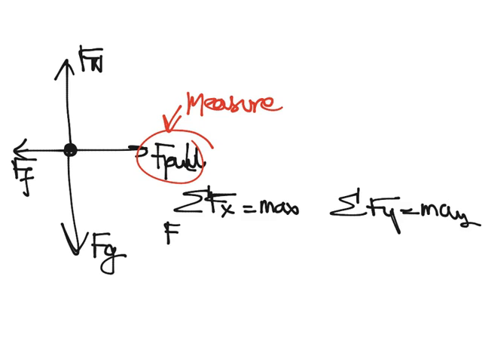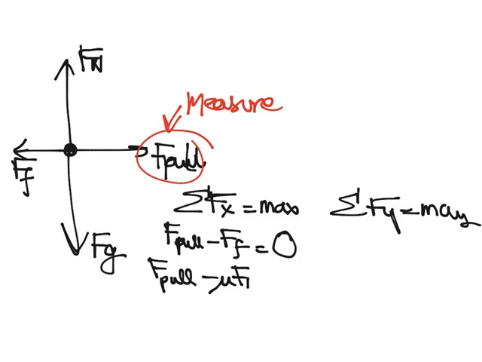In the x direction, we have F pull minus Ff is equal to, you should be pulling it at a constant speed, so Ax is 0. You know that the equation for Ff is mu times Fn, so you can fill that in.